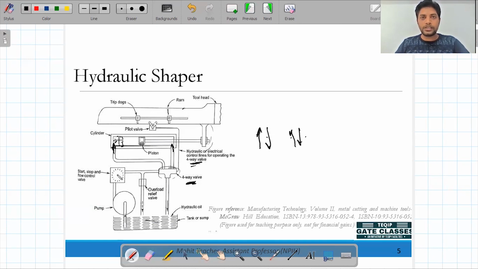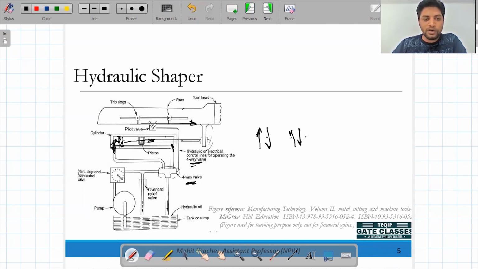The hydraulic fluid, when it moves inside the cylinder, will apply an equal amount of pressure on the piston, because first it will cover all the cross-sectional area, then it will move towards the piston. Okay, so when the piston is initially over here, as the fluid comes inside, it will move this piston toward this side. This mechanism is connected with this link, so it will also move towards this side.